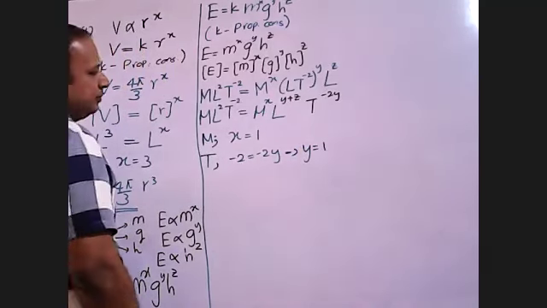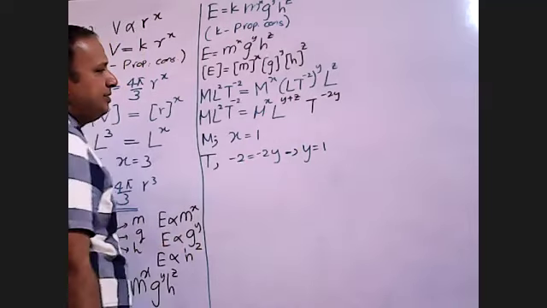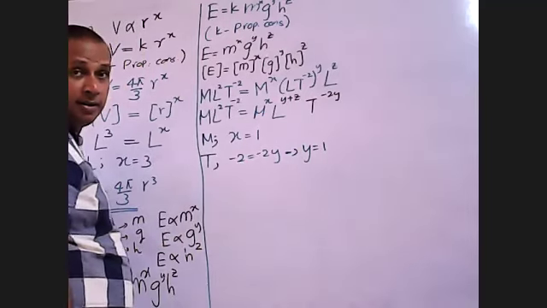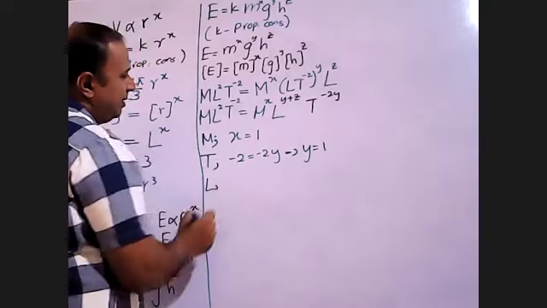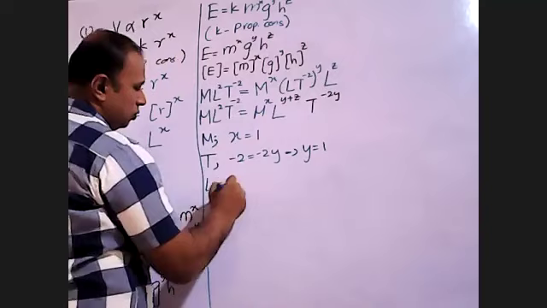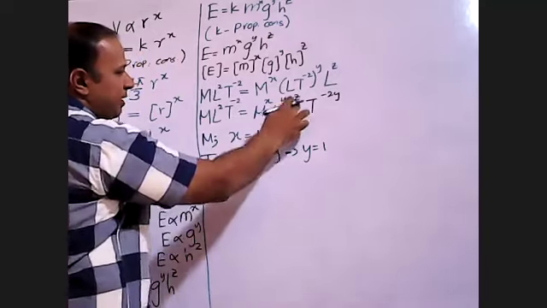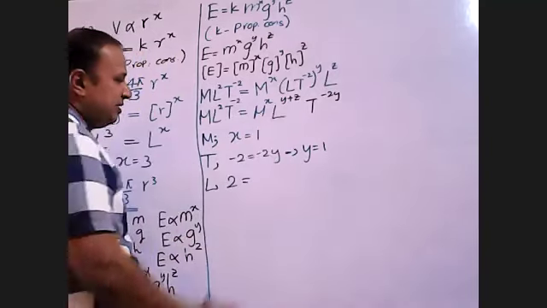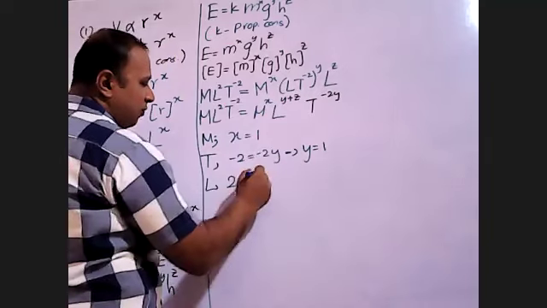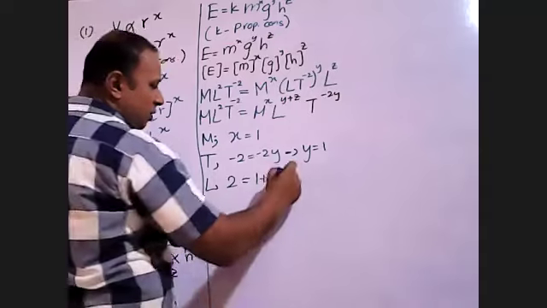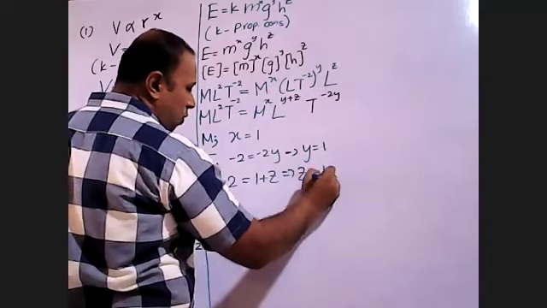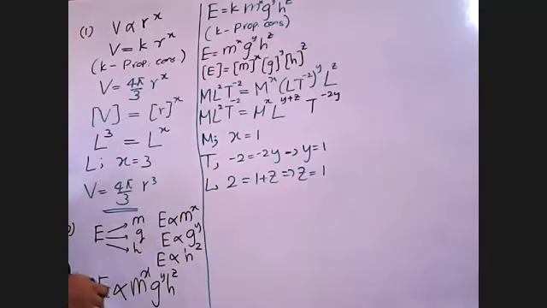Then to find z, you can equate the powers of L. Here L is 2. Here L is y plus z. Y is 1, so 1 plus z is 2, which means z is also equal to 1.